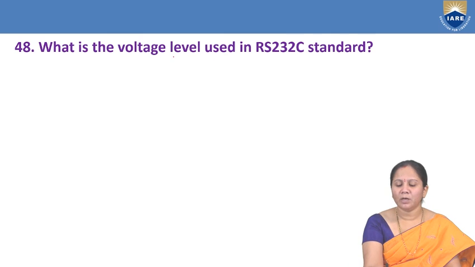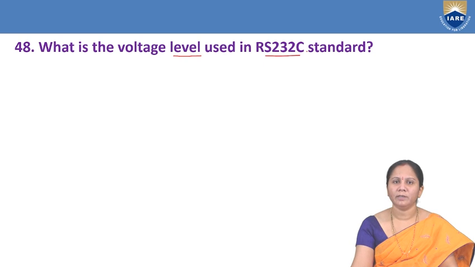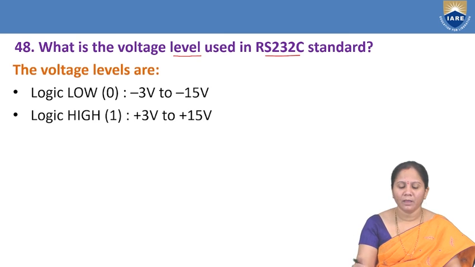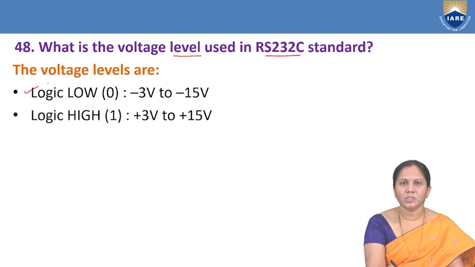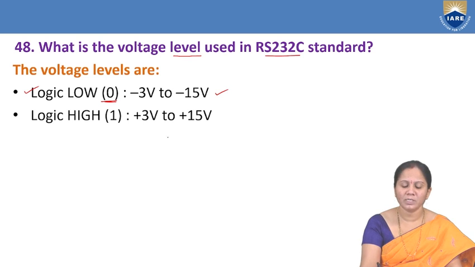Next, what are the voltage levels used in the RS-232 standard? The voltage levels used in the RS-232 standard are mark and space. To indicate logic 0, that is logic low, we can use the voltage level between minus 3 volts and minus 15 volts.